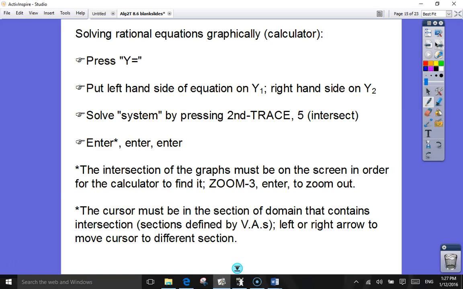Now we've turned both of those into graphs, and we'll look for where they intersect, and that'll be our answers. And this is a good method to know because it works for all kinds of equations, right? You could do logarithms, you can do exponentials, you can do radicals. Put the left-hand side on the first line, the right-hand side on the second line, and follow these steps, and you'll have the answer. Okay.